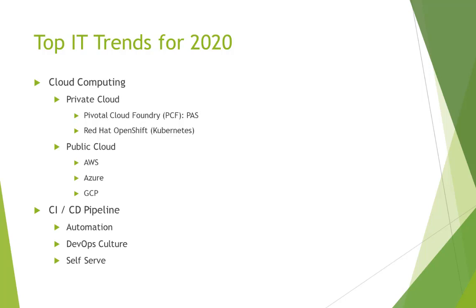These are both the dominant platforms on the private cloud. But I think the trend is that Kubernetes will get more and more increased in the private cloud side. PCF is staying steady. It's not growing as fast as Kubernetes on OpenShift.